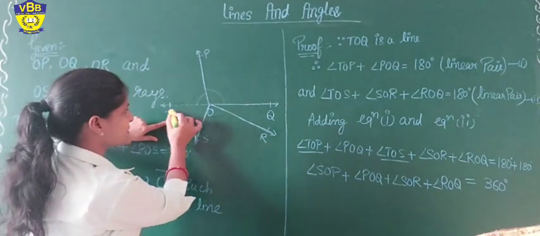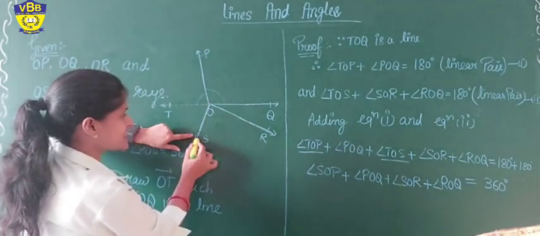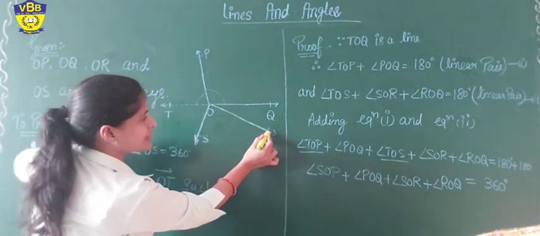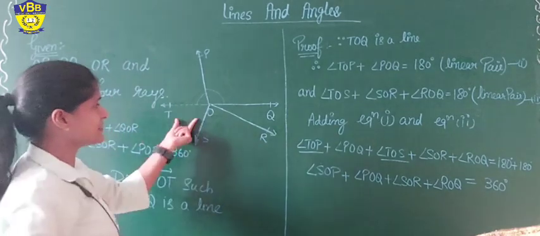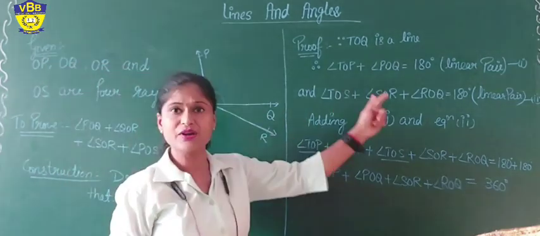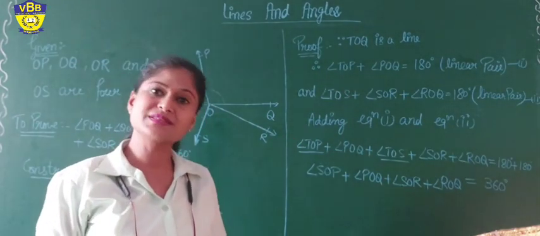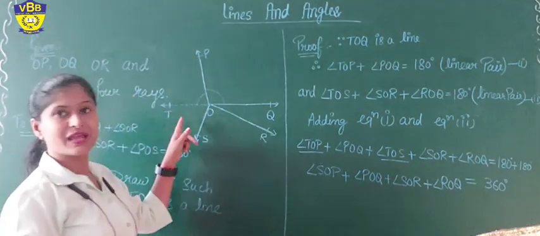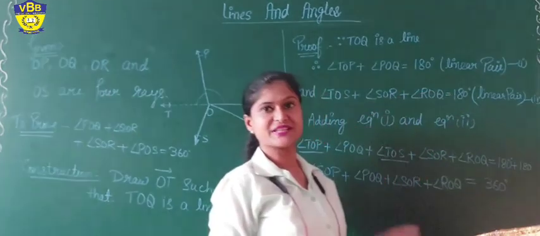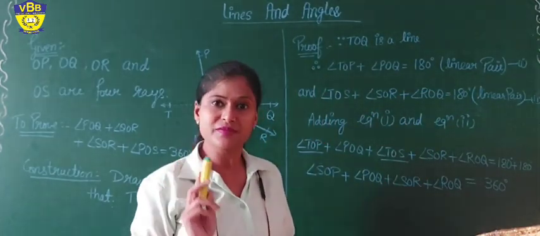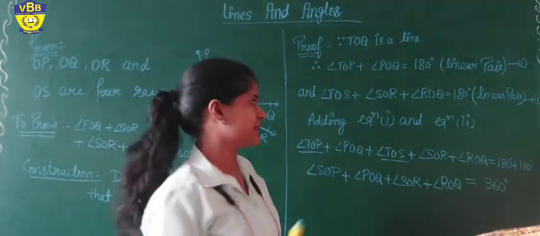Here are three angles: TOS, SOR and ROQ. The sum of these three angles is equal to 180 degrees, because they are also made on a straight line, making a straight angle.